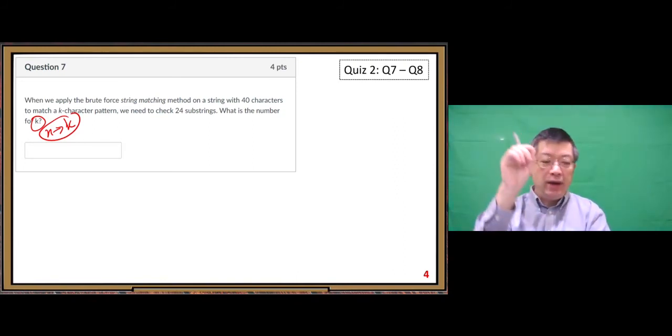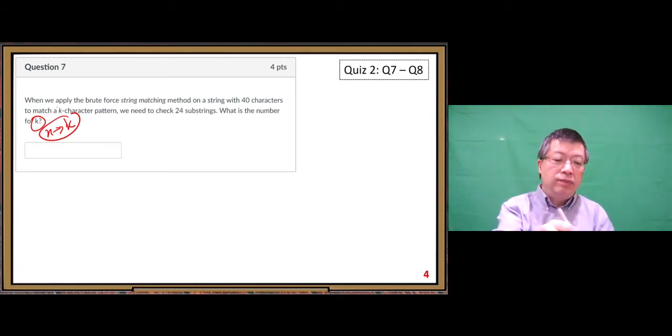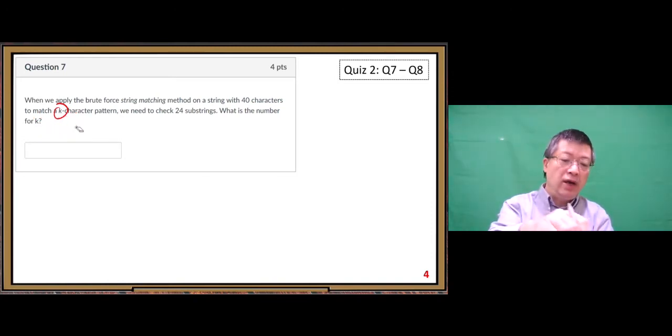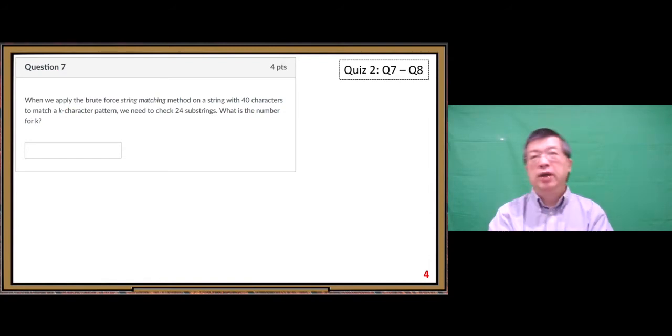But when I write there, I use k, but I put n there. So that caused a lot of confusion. Later I fix it. So I hope you didn't get a wrong answer due to this confusion.